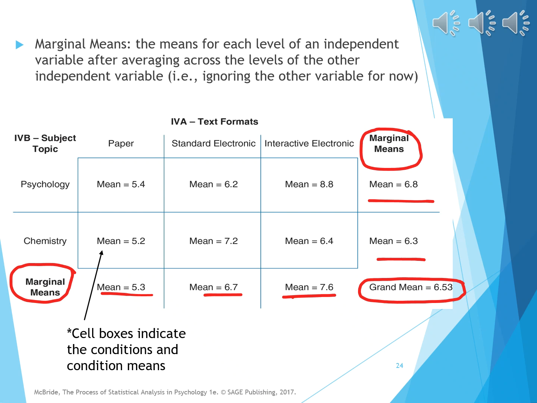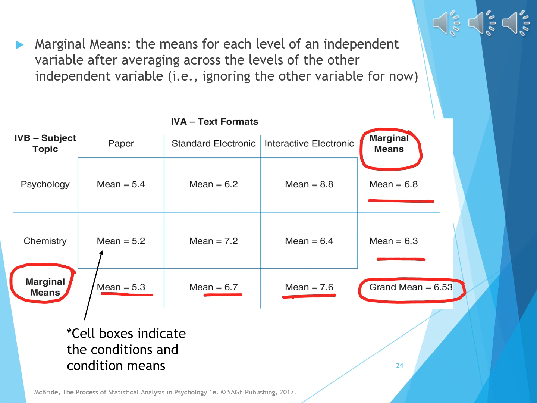That condition is people who have a psychology textbook, the paper version. There are 30 people in that, and they all gave a satisfaction rating, and the average of those 30 people's satisfaction ratings for the paper psychology textbook is 5.4.